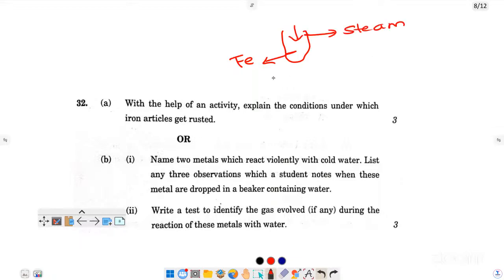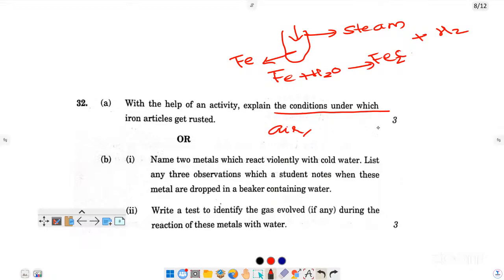What is the equation? Fe plus H2O gives Fe2O3 plus H2. Exactly. And you can explain the condition when it is exposed to air, water, even acids. In some acids also you can explain here. It is a general kind of question. You can write the answers in your own words.